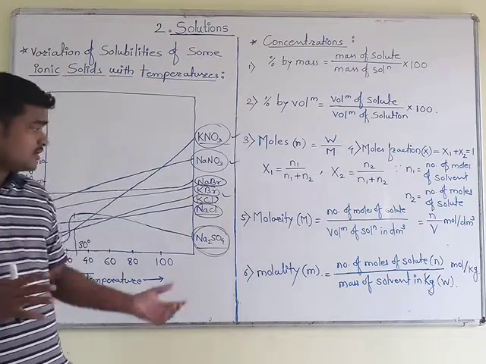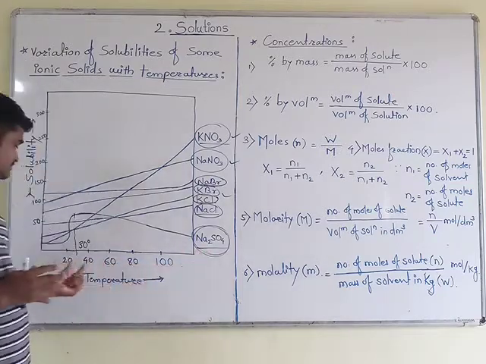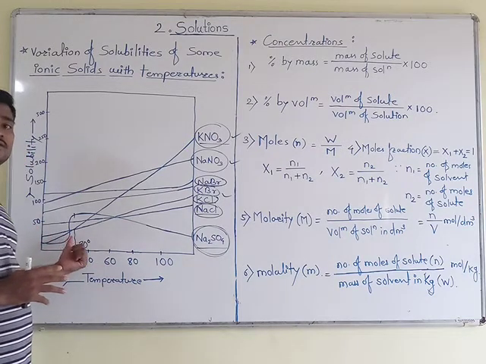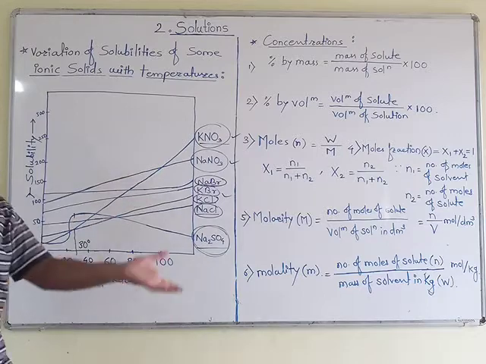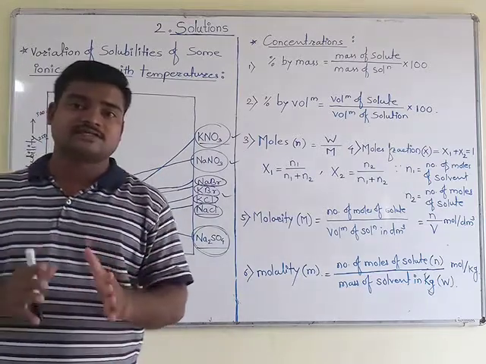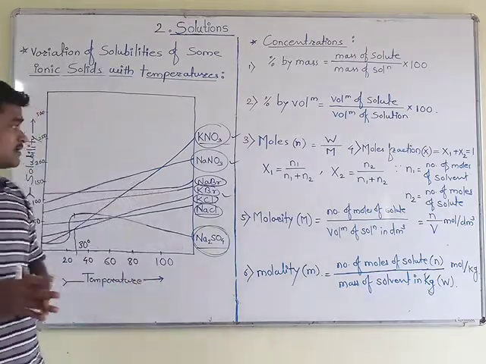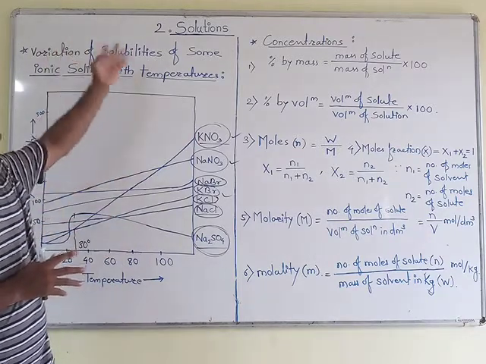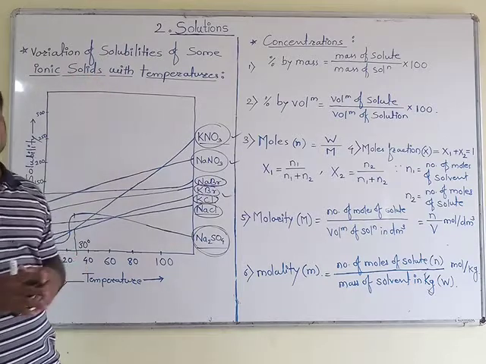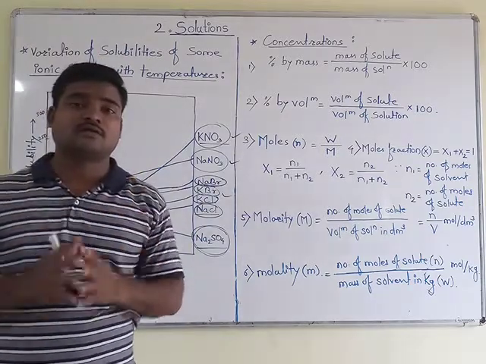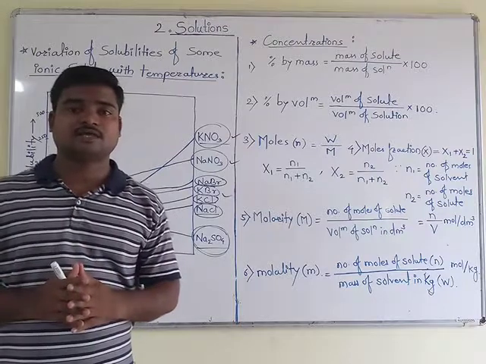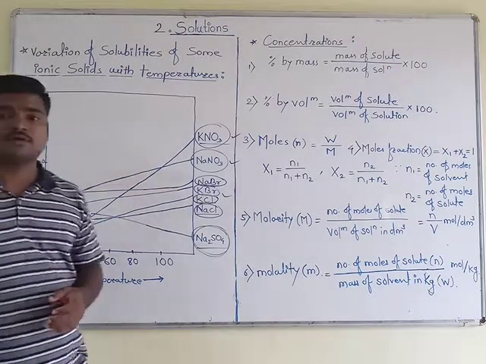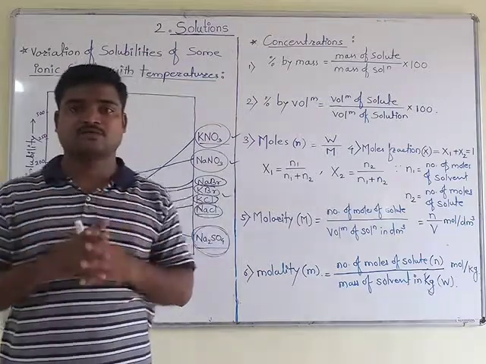With increasing temperature, its solubility first increases up to some point, and after that its solubility decreases. That is the very important point in this graph. So this is the variation of solubilities of some ionic solids with temperature that we have studied with the help of this graph. These are the different important points related to ionic solids.